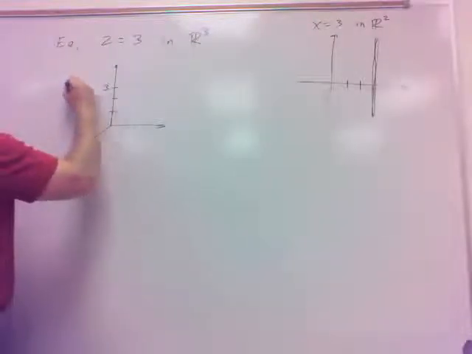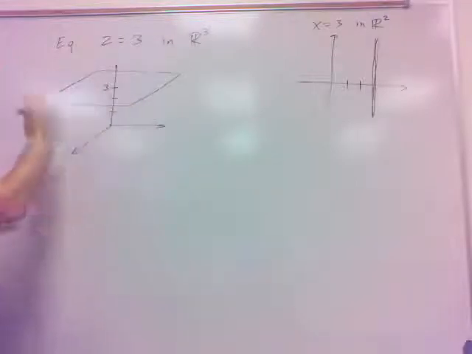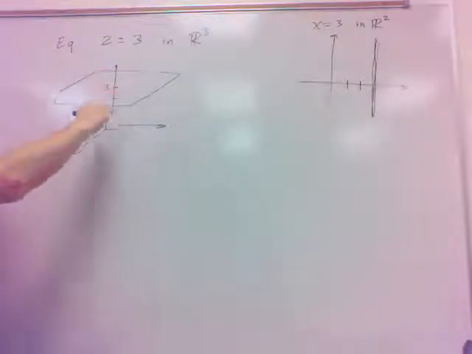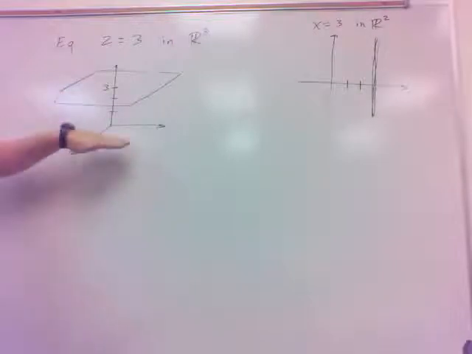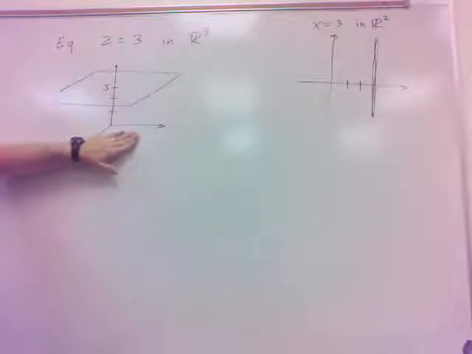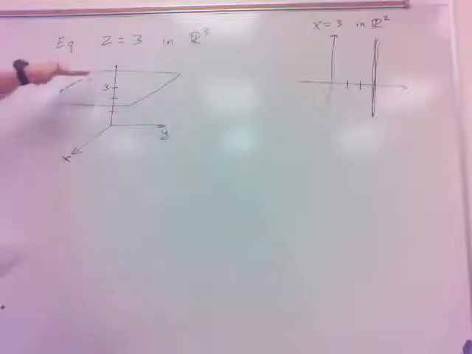And this is again where you have to kind of use your imagination, but it's that plane that's at the level z equals 3. So an equation like that is going to be a plane. If it was x equals 1, well, it's going to be a plane. And sometimes the way they want you to describe it in words, this plane would be parallel to the xy plane, right? This plane right here, it's just up 3 units.